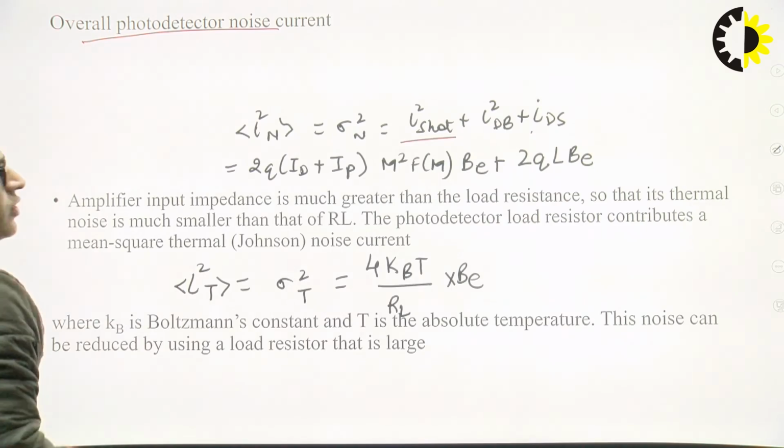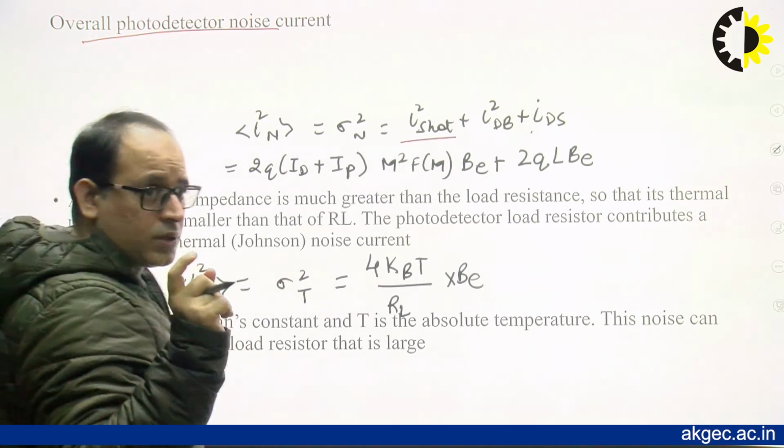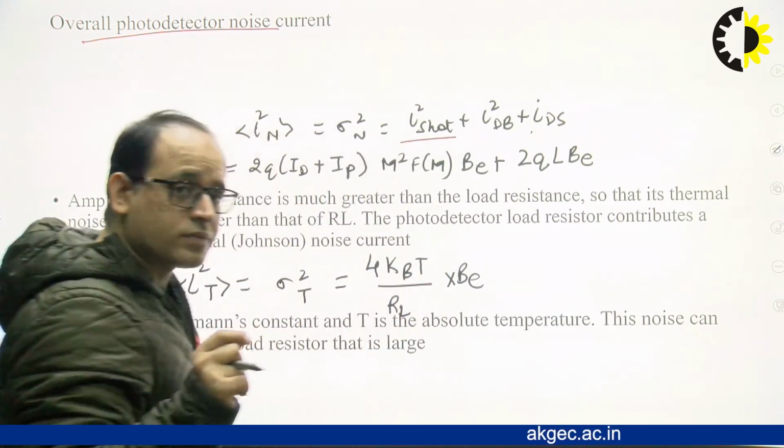The amplifier noise is due to the resistor present at the receiver.